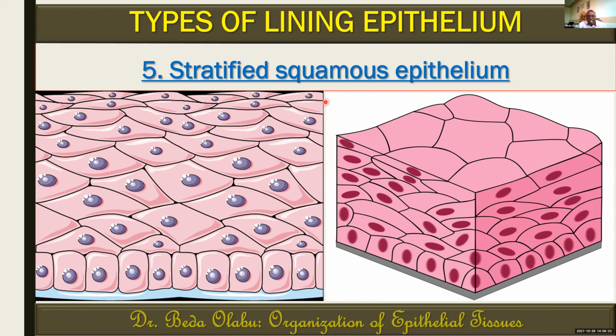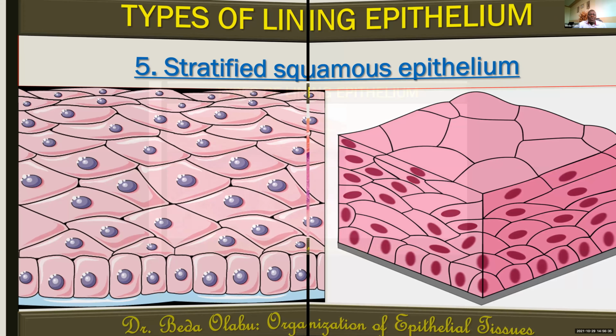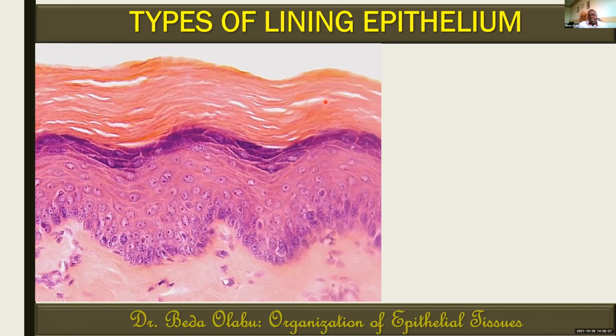Accordingly, there are 3 subtypes of stratified squamous epithelium based on the degree of friction that that epithelium is subjected to, whether actualized or anticipated. So I want to teach you the 3 varieties of stratified squamous epithelium. We classify the stratified squamous epithelium into 3 varieties based on the degree of keratinization.